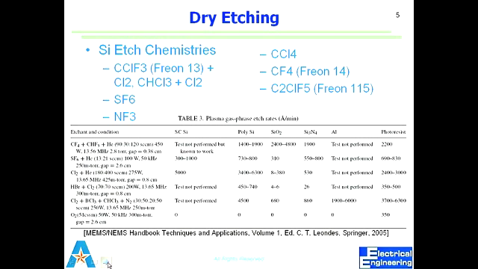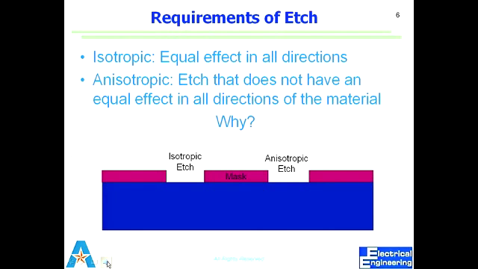Yeah, there is nothing too intellectually special to safeguard in those things. Right? So then the concept of anisotropic. Generally an isotropic etch is something that has equal effect in all directions.